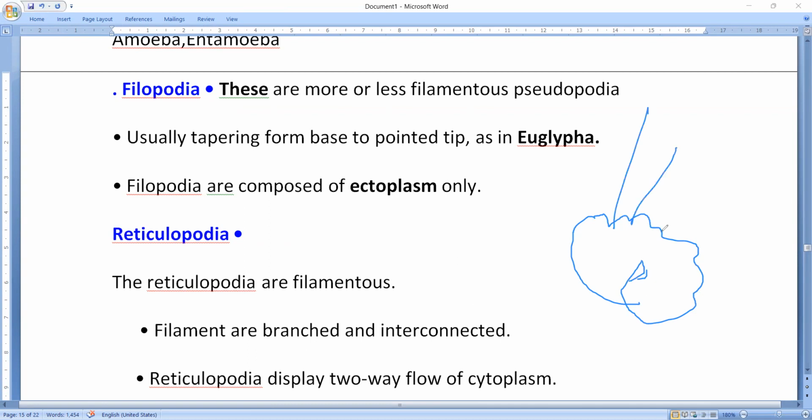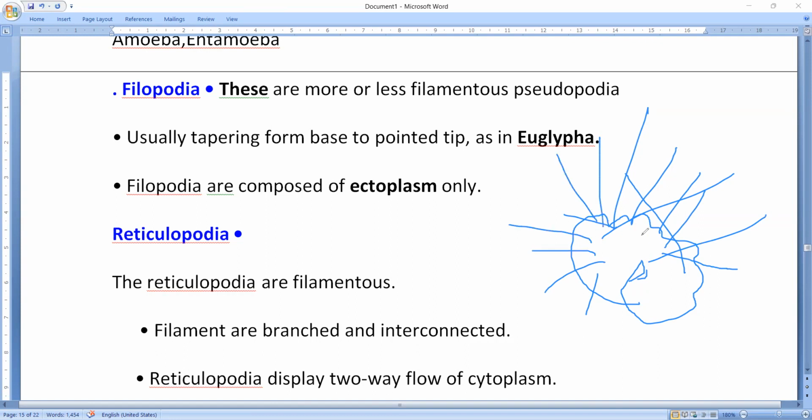Now you can see the net-like appearance due to overlapping with each other.